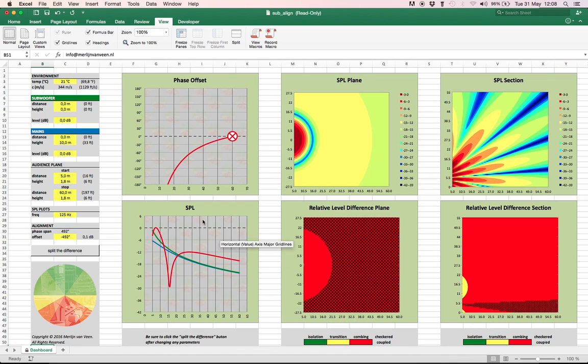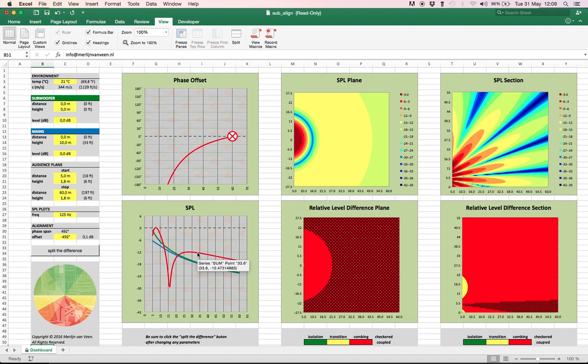Well, it's shown in the SPL chart over here. Right now we can see that the combined output of the main speaker and the subwoofer drop at an identical rate as the individual systems. So the subwoofers go down in level, and the main speakers go down in level at the same rate.